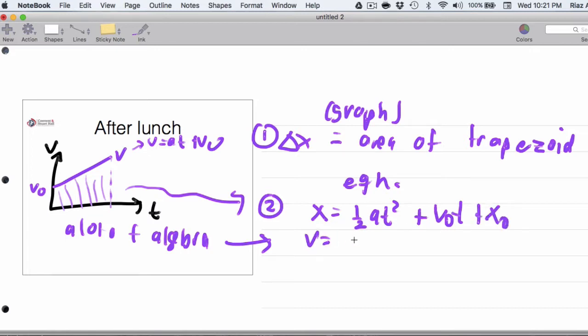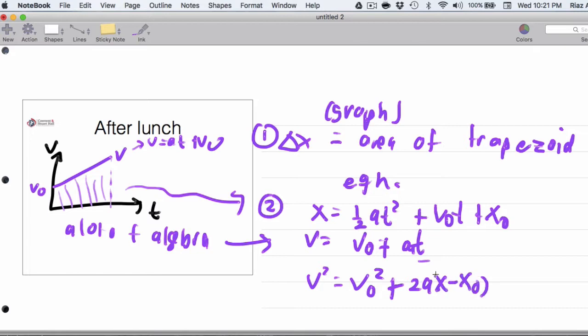Then we get its velocity as a function of time. And then I didn't prove this, and I'm not going to make you prove it, but if you isolate t here, plug it into here, you can simplify after a lot of algebra, and you obtain the following formula that is useful when time isn't given.